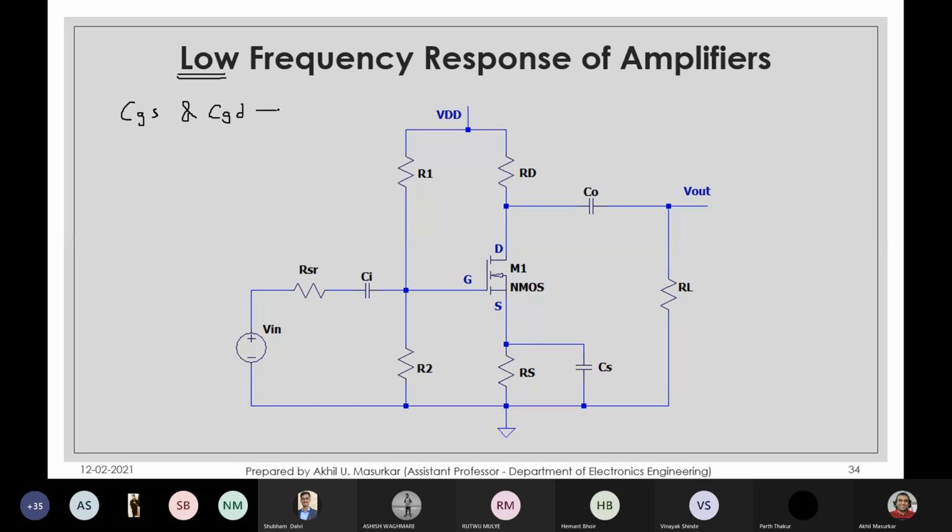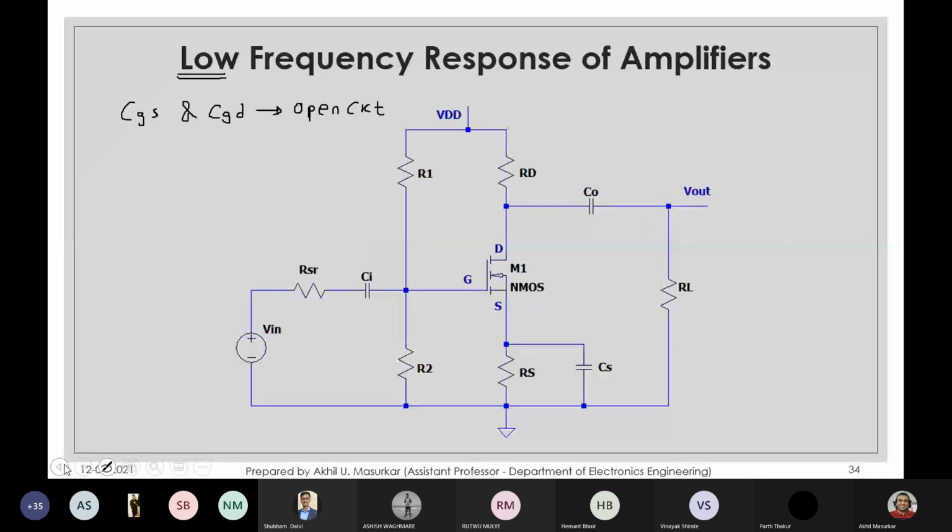Open circuit means as good as not there, and short circuit means you put a wire between those 2 points. So you can see in this there is no CGD and CGS. There is just CI, there is C0, and there is CS.